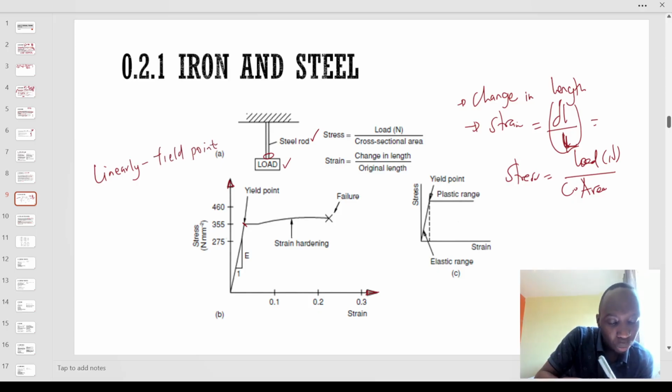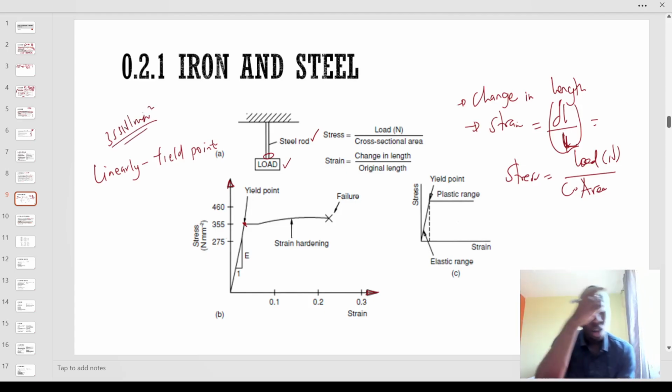So steel will yield slightly at 355 newtons per millimeter squared. You're going to see the relevance of this. What we will design, mostly we'll consider 275, because it is still within the elastic limit. We'll have 355, and then we also have 460, which you will see how we will approach.